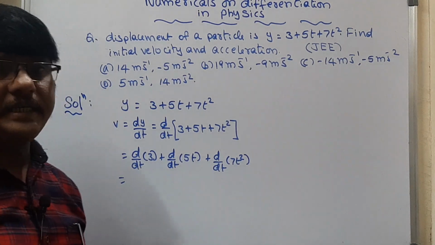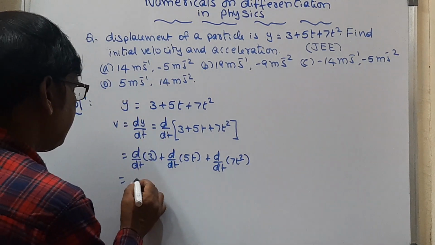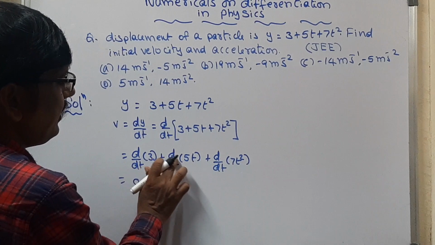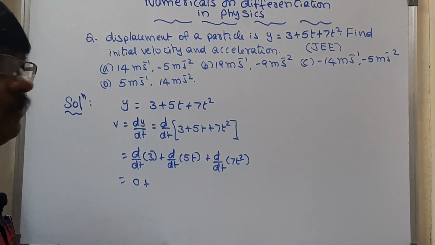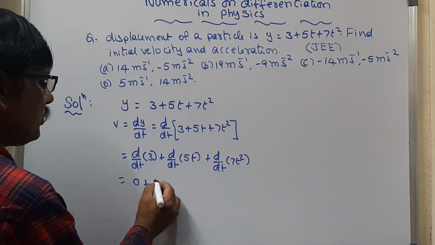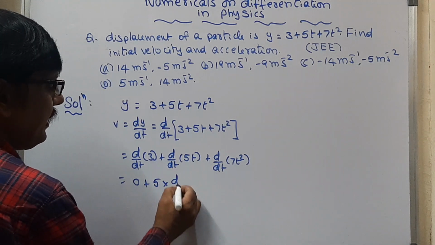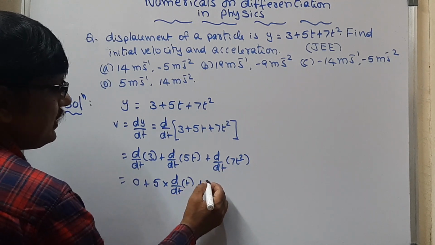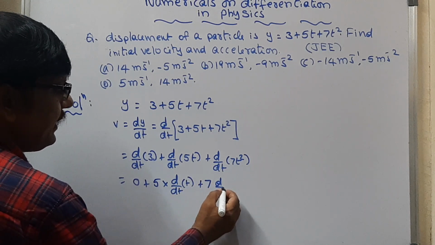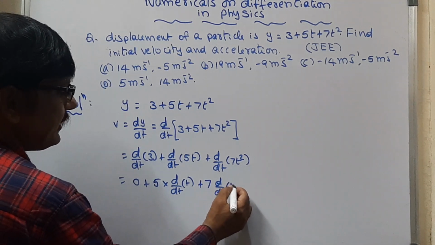The differentiation of a constant is 0. So this is 0 plus d by dt of 5t. The constant is associated with the variable, so we take the constant in front, that is into d by dt of t, let us write first, plus the constant comes out and d by dt of t square.